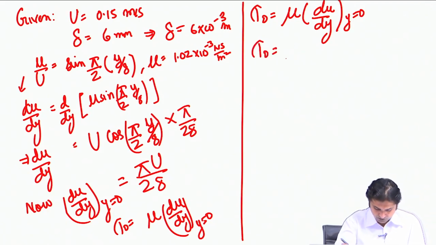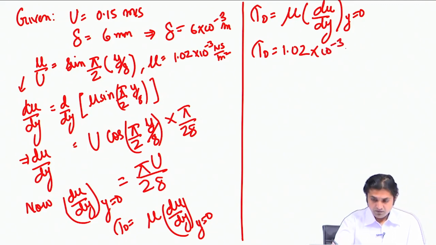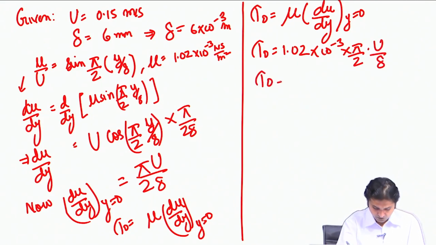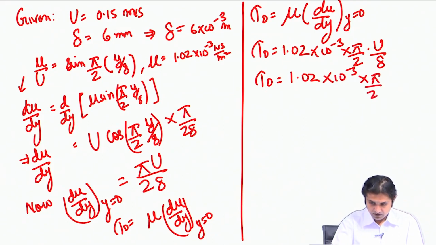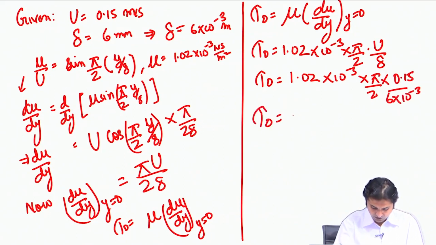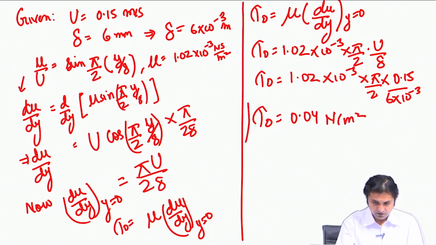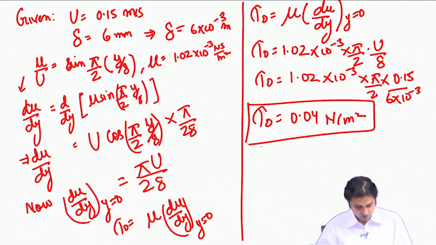So, tau naught is going to be 1.02 into 10 to the power minus 3 into pi by 2 into U by delta, and after substituting in the values, 1.02 into 10 to the power minus 3 into pi by 2 into U is 0.15 and delta is 6 into 10 to the power minus 3, tau naught comes to be 0.04 Newton per meter square. Very simple to solve, right?